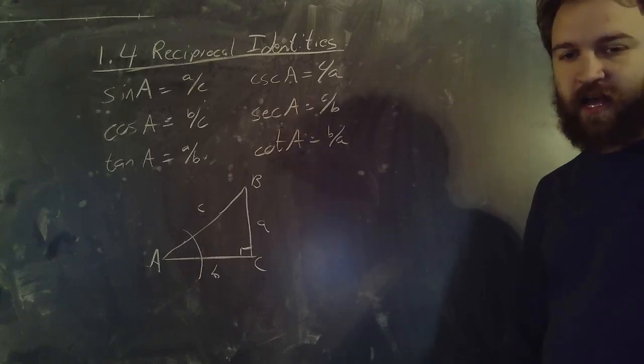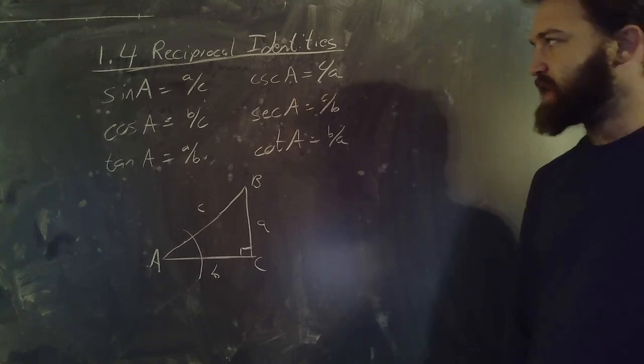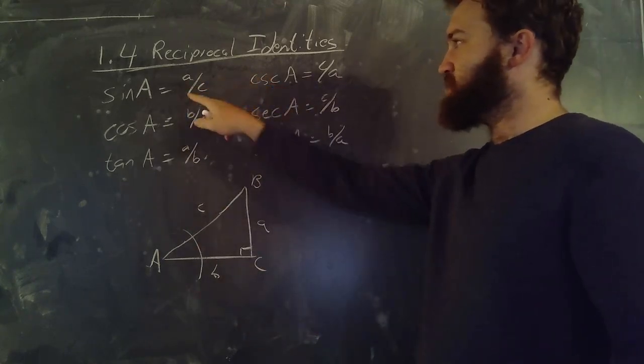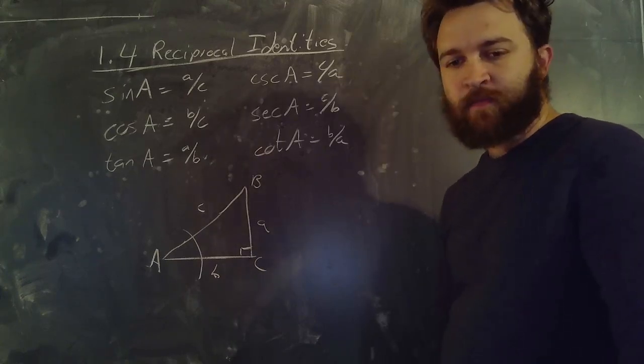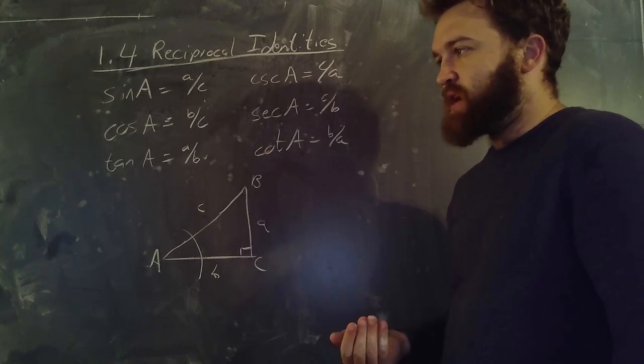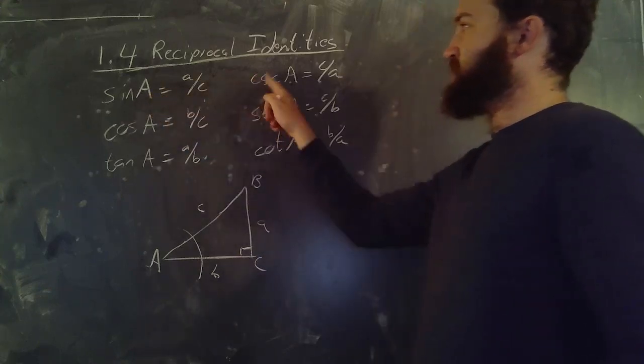Now from this we can actually write a set of identities, which is a way to translate between each of these types of trig ratios. And we can do that fairly easily just by noticing the relationship of sine and cosecant.